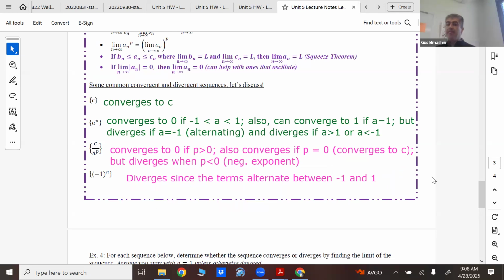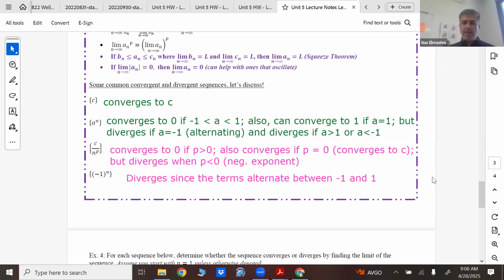Again, just think about it. If your sequence is just a constant, like 4, then every term is 4. Of course, it converges to that number at the infinite term. What if you plug in 1,000 for n? Well, there's nothing to plug in for n. The 1,000th term is still 4. A to the n, if A is between -1 and 1, converges to 0.